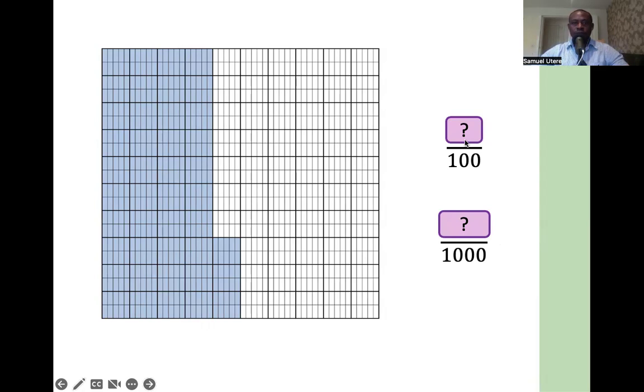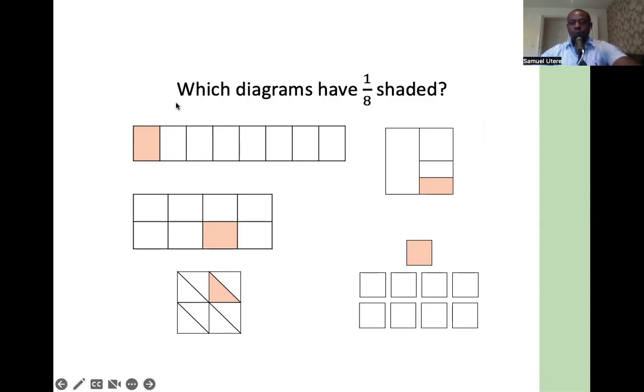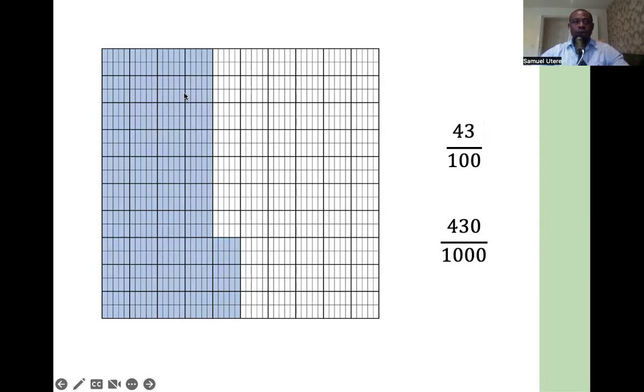Now, notice that just looking at it as 100 squares, we have 4 columns of the 100 squares shaded, which is 40, and we have 3. So representing it as out of 100, this is 43 hundredths.